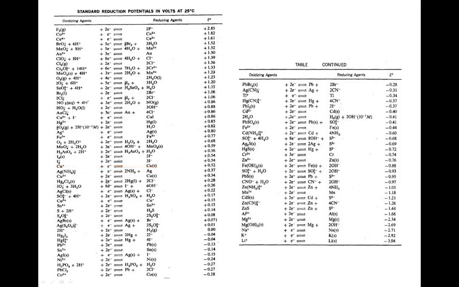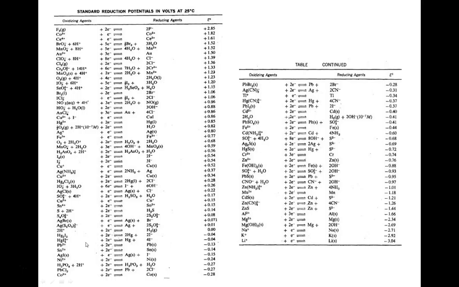Let's now go down to the value of 0. So at 0 here we have what is called the standard hydrogen electrode. None of these reactions by themselves can be measured individually. You have to have a reference by which to compare them.